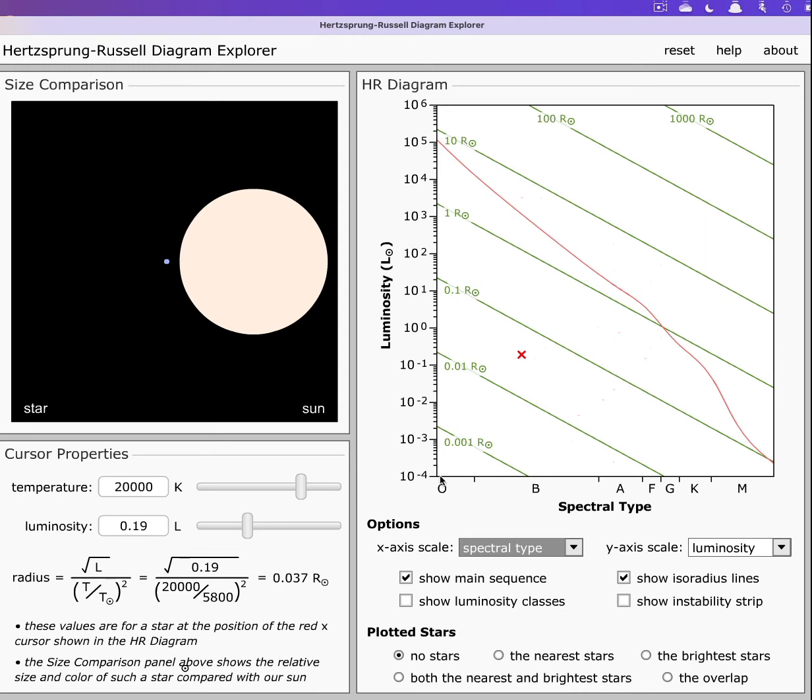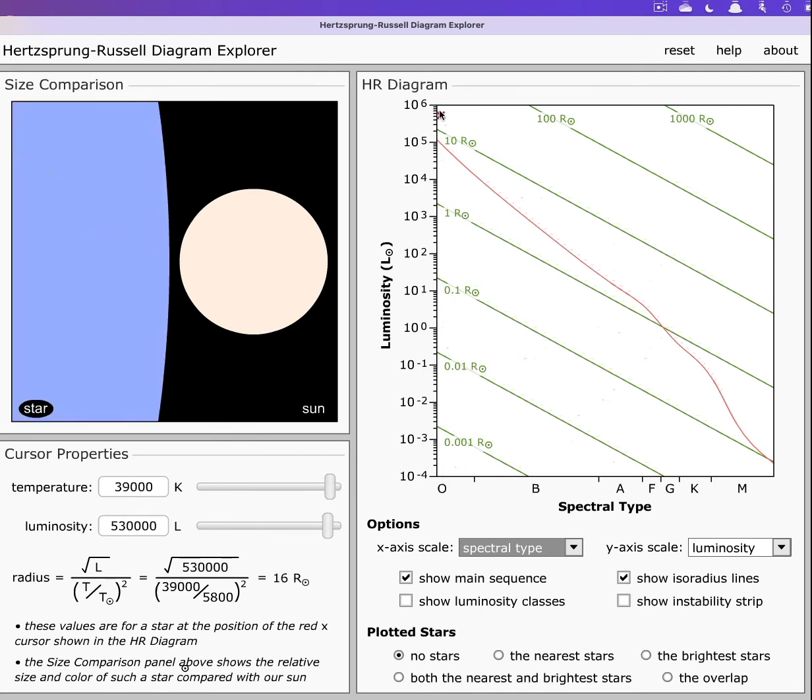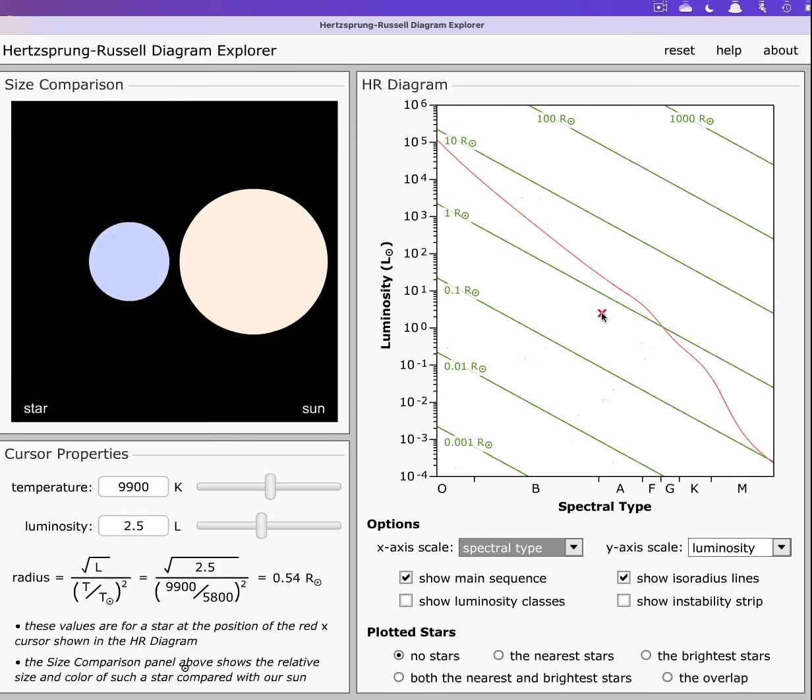So the wavelength increases along the x-axis, but that means the temperature increases towards the origin. So you get hotter as you go this way, and cooler as you go that way. And dimmer is towards the bottom, and brighter is towards the top. And notice as I drag the sample star around inside the HR diagram, over on the left-hand side is a little model of what that star might look like compared to the sun in terms of radius and color.